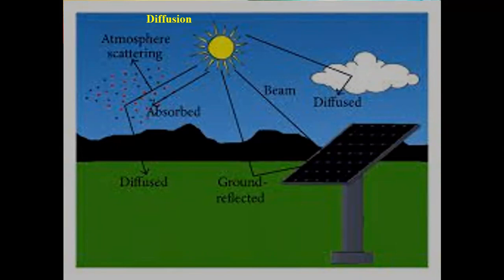Since the process of diffusion is non-selective, component colors of the incident light do not get separated. That is why the light reflected from a cloud when the sun is behind the observer is pure white. The sun, for the same reason, appears white when seen through a fog composed of water droplets.